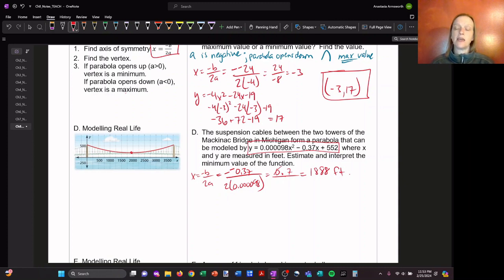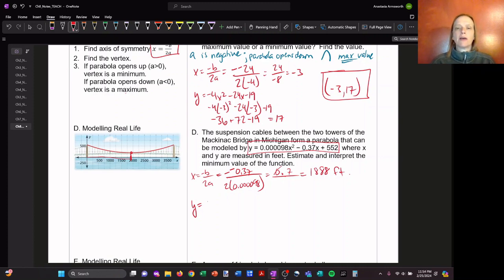And now I'm going to take that x value and plug it back into the original equation to find out what my y value is at 1,888 feet. So remember, this is in the x direction. Basically, I'm talking about being here. I'm this far in from the pillar, 1,888 feet in horizontally from the vertical pillar.